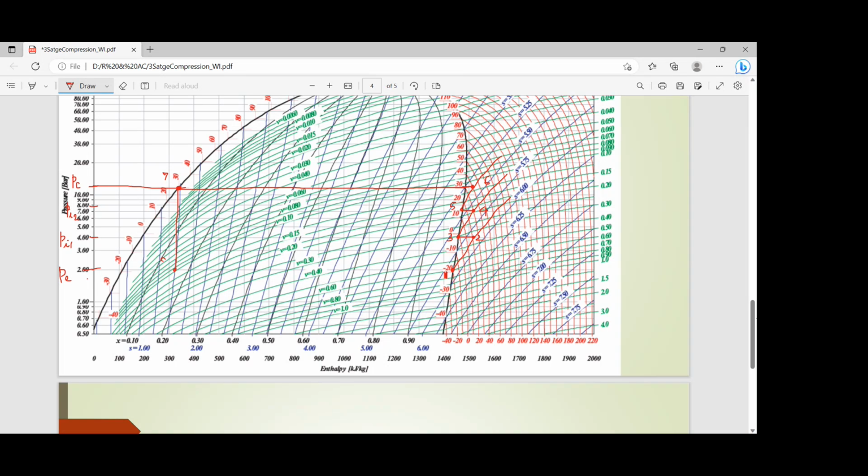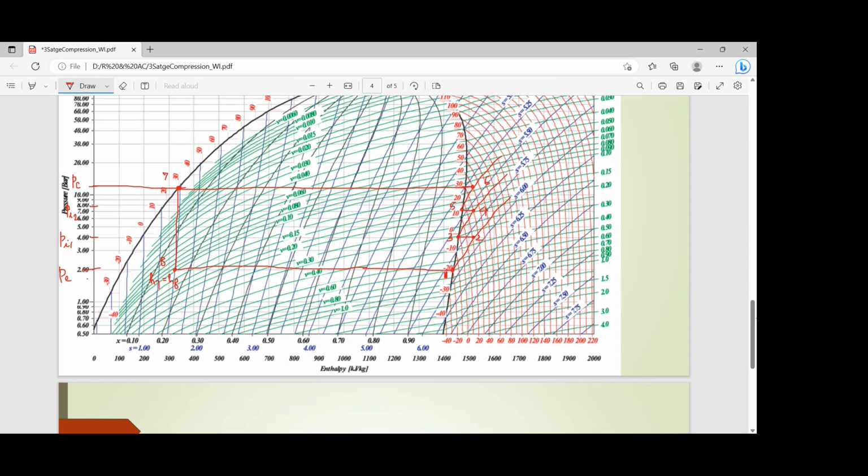So this is my point number 8. So this H7 is equal to H8, which is an isenthalpic process, and then draw a straight line till you reach 1.